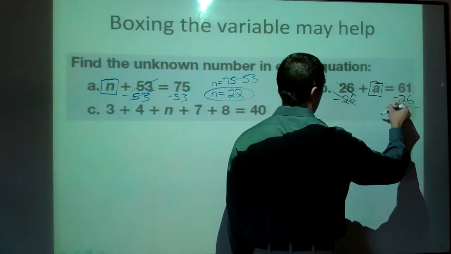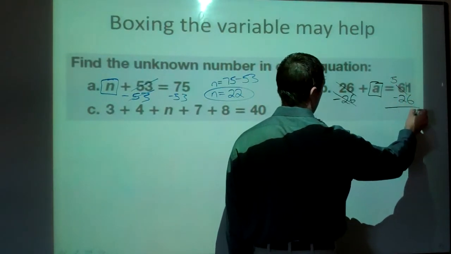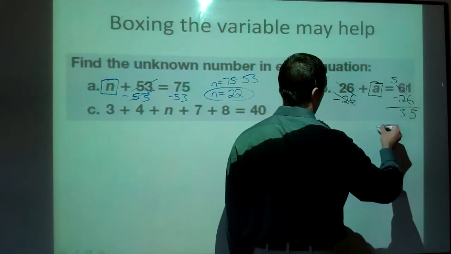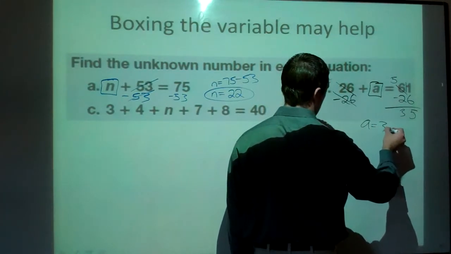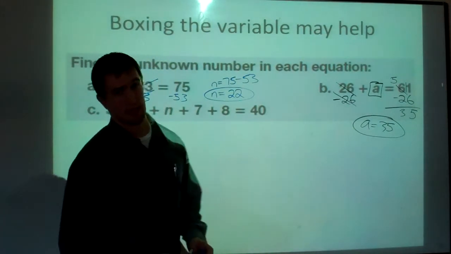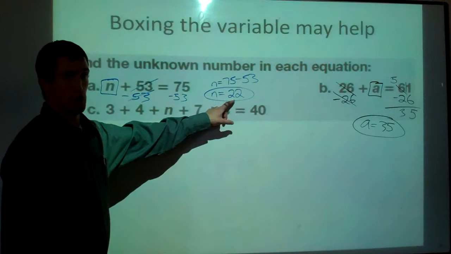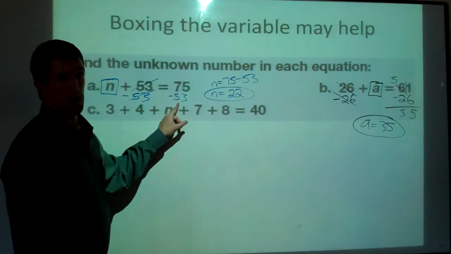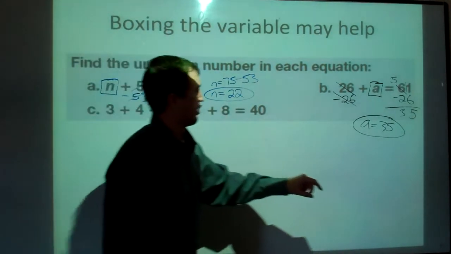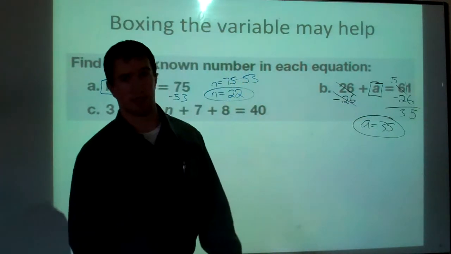And if we do this, we'll get 61 minus 26, so a equals 35. Now, in order to check to see that those are right, we could take 22 plus 53, and we should get 75. We could do 35 plus 26, and we should get 61.